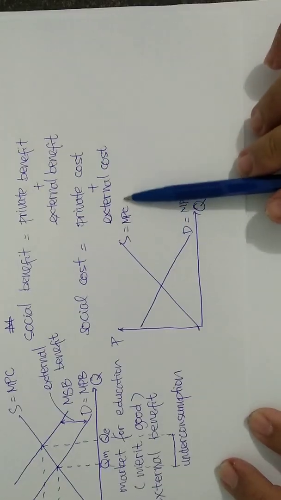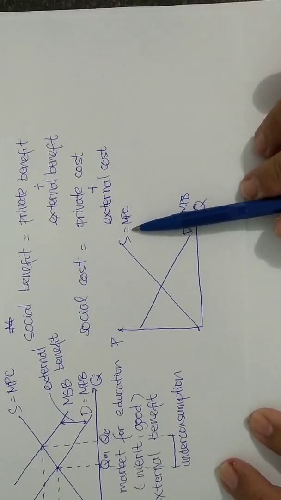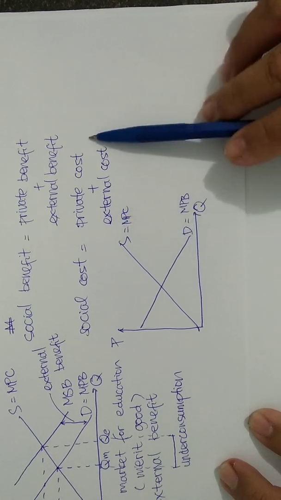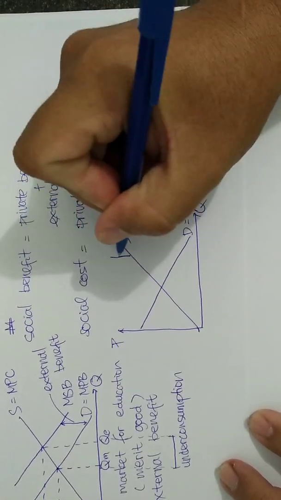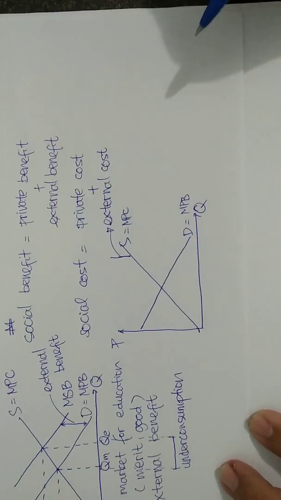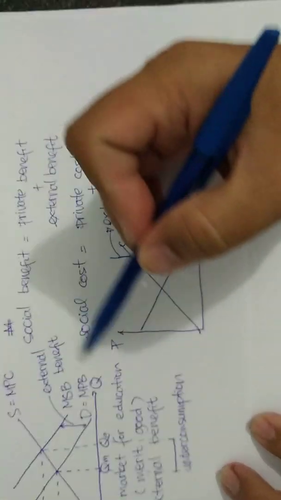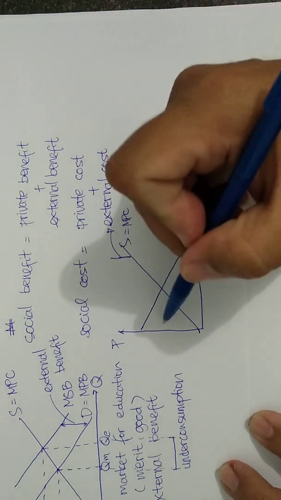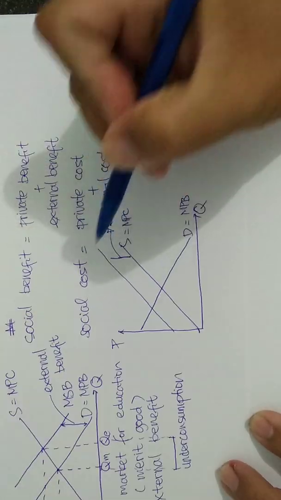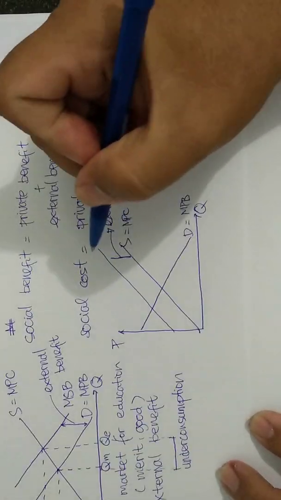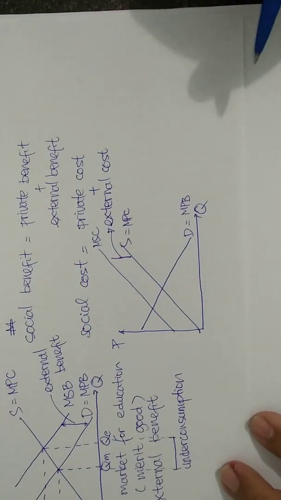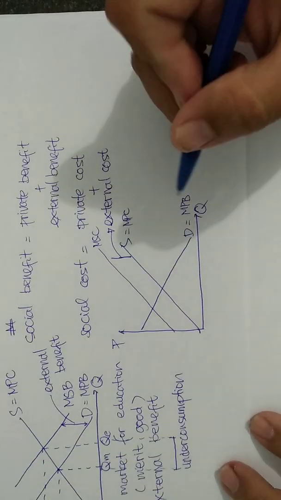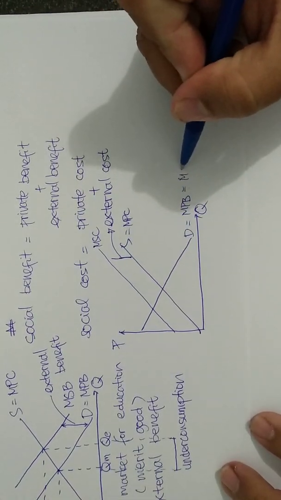Now, as you can see here, the private cost will have to be added with external cost, so that the marginal social cost will be higher than the marginal private cost. Okay, in the case of demerit good, MPB will be equal to the MSB.